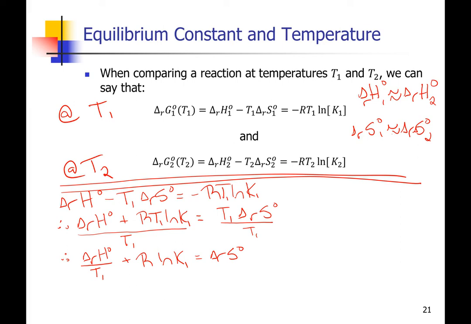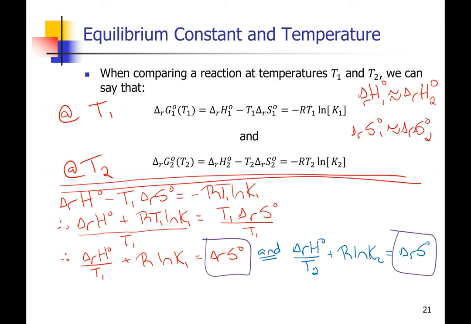And I can do all of that again for the other equation with 2's instead of 1's, and that will get me standard enthalpy change divided by the second temperature plus the ideal gas constant times the natural logarithm of the second equilibrium constant being equal to the standard entropy change for the reaction. And since we have said that the standard entropy change must be assumed to be reasonably constant, I can therefore set these two halves of the equation equal to each other.